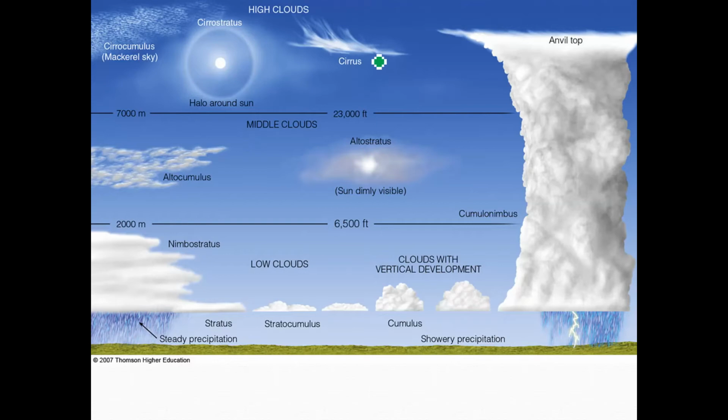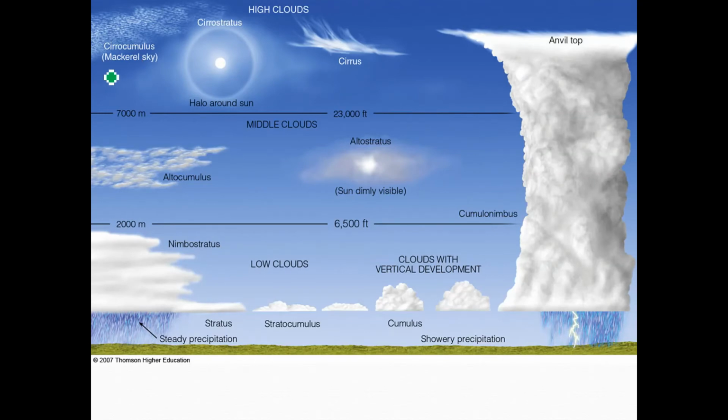And then high clouds. These are clouds that form above 23,000 feet. One of the things that you should know is typically low clouds are given the prefix strato. Middle clouds are given the prefix alto, and high clouds are given the prefix cirro.